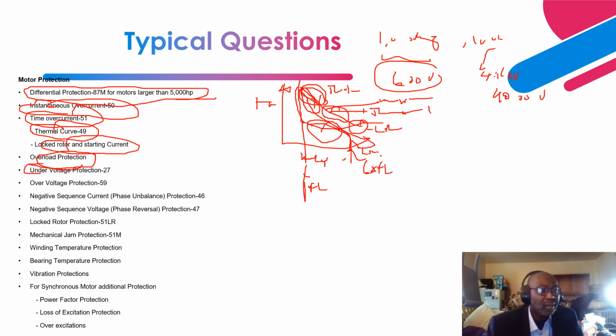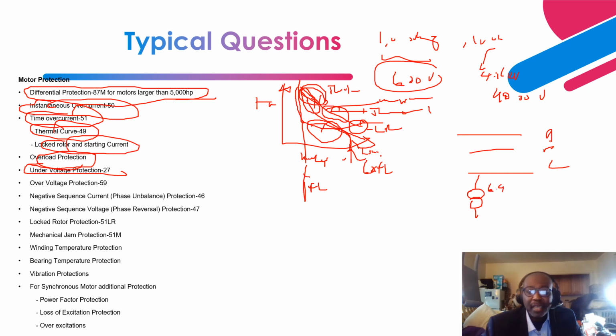Next, undervoltage, right? If you have a motor that is connected to a bus, A, B, C, you have a PT, that basically, let's say, steps a 6.9 kV bus down to, let's say, 115 volts, right? So if you should have an undervoltage condition due to a fault, basically the voltage is going to go down.